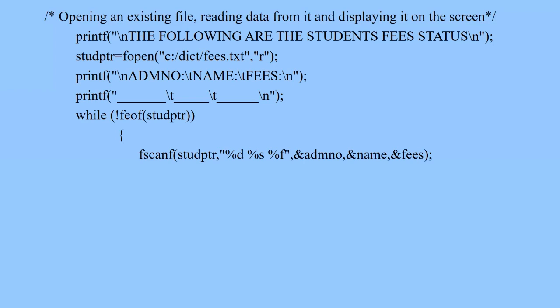Read the current value of the memory locations called fees, name, and admission number. In other words, the members of our record in our file, which are fees, name, and admission number. Pick the content that each of them is holding and write it.